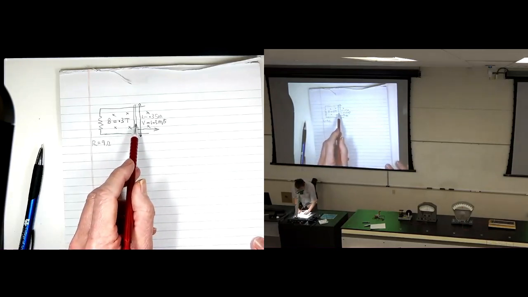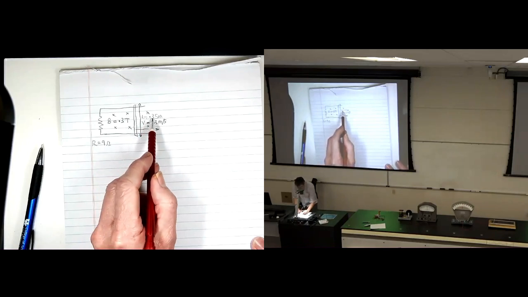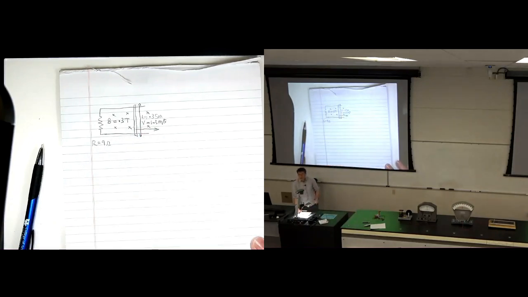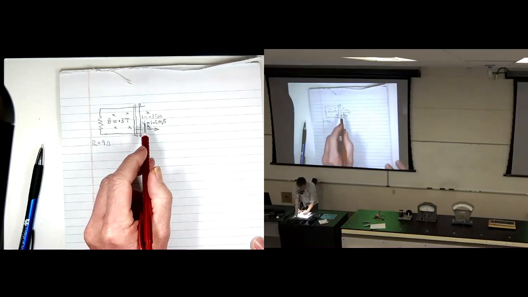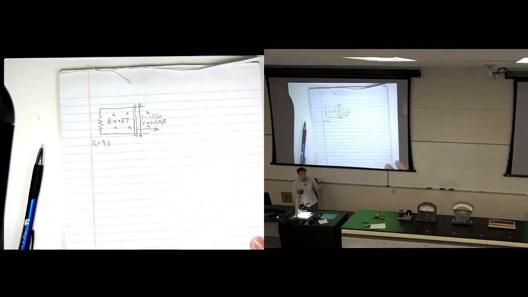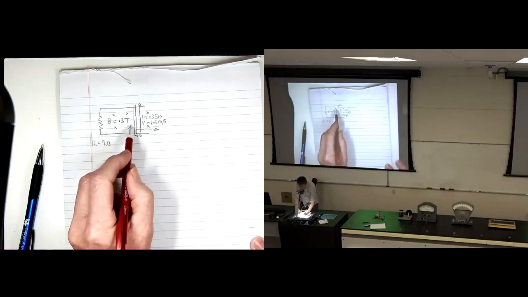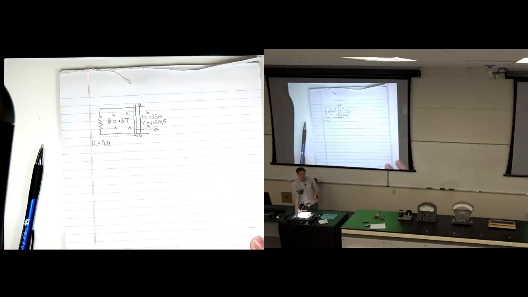So the rod has a length of 0.35 meters, 35 centimeters. The rod has a speed of 1.3 meters per second. The circuit is immersed in a perpendicular magnetic field, coming out of the screen towards you, and it's 0.3 Teslas. And finally, the resistor that completes the circuit is 9 ohms.